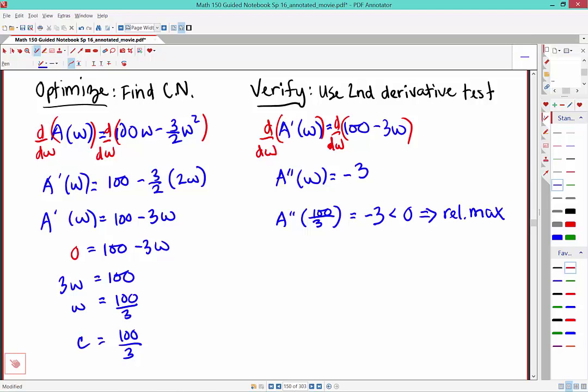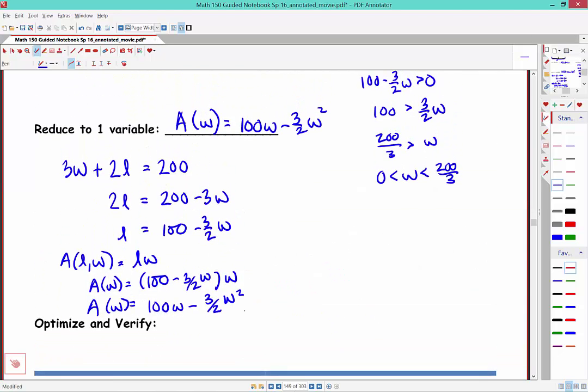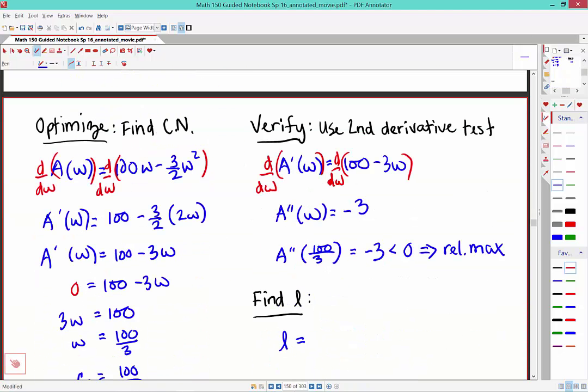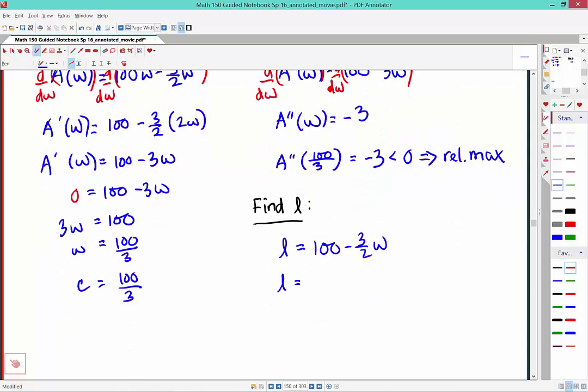Beautiful. So now, what do we need to find? Great, we need to find L. So, recall that L was equal to, forgot already, L was equal to 100 minus 3/2 W. And plugging in W is 3.